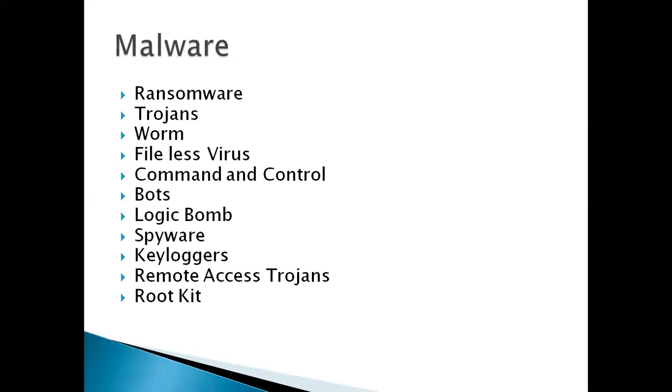The next one is backdoors. Backdoors are nothing more than a method used by software developers to ensure that they can gain access to an application they developed, in case something goes wrong with the application.